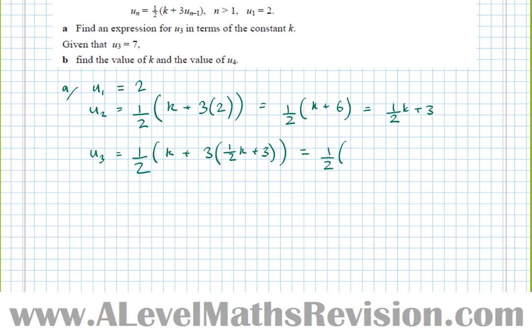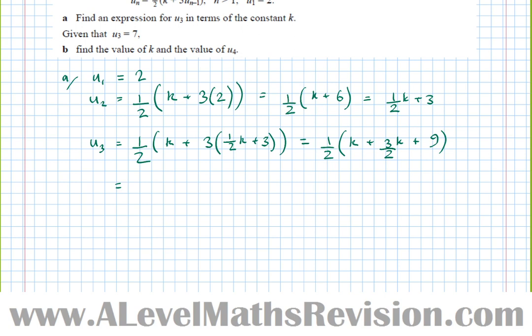So a half of k plus 3 over 2k plus 9 equals, and let's simplify again, a half of, and k plus 3 over 2k is 5 over 2k plus 9 equals, so multiplying that out, we get 5 over 4k plus 9 over 2. So we've got an expression now for U3, just like it asked.